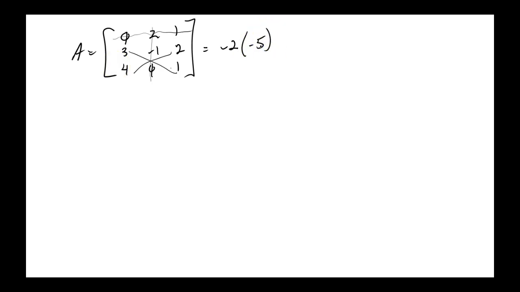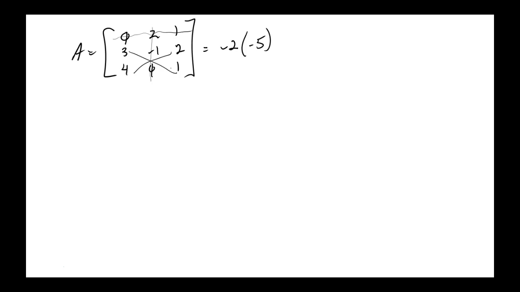So I don't think of cofactors or anything like this. What I think of is the sign of the position. If I'm using the top row, that gave me nothing. This is a negative position, so negative 2 times the, and I guess I don't call it a minor, but that's what it is. So that's 3 minus 8 is negative 5.